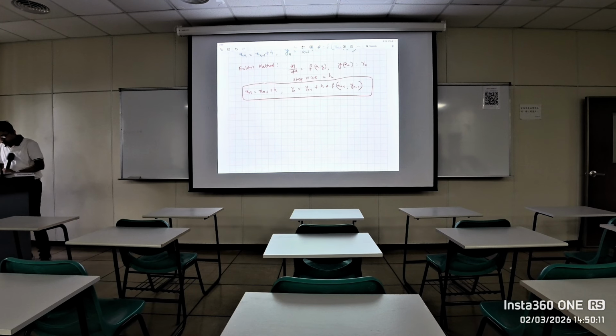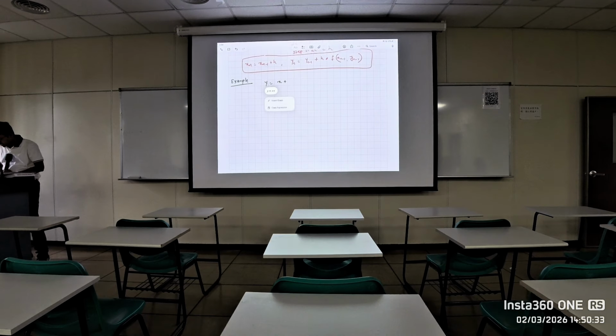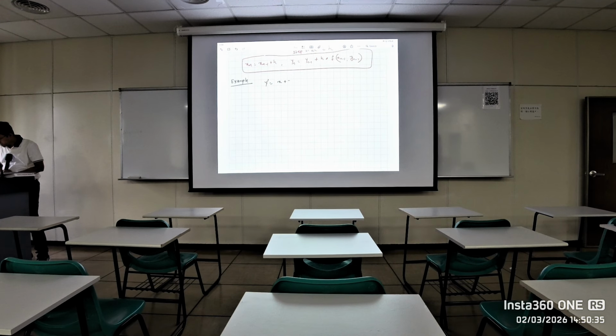okay. So let's take one example. What is given here: y dash is equal to x plus 2y, y0 is equal to 0, and h is equal to 0.1.